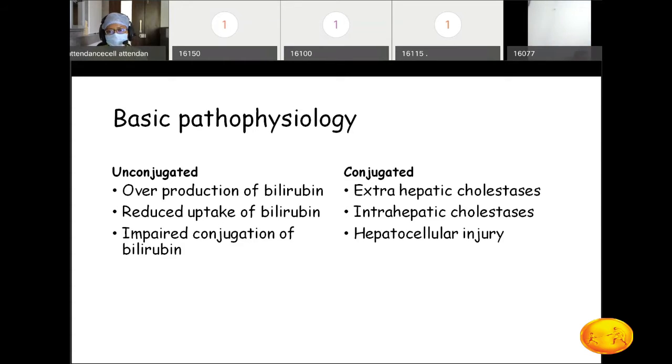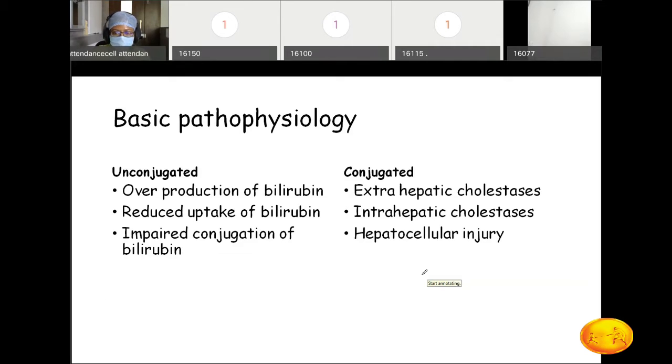So any obstruction to the bile flow from the hepatocyte, as it is getting excreted in the biliary canaliculi, anywhere in that part, is labeled as intrahepatic cholestasis, and you might get conjugated hyperbilirubinemia because of direct damage to the liver cell.